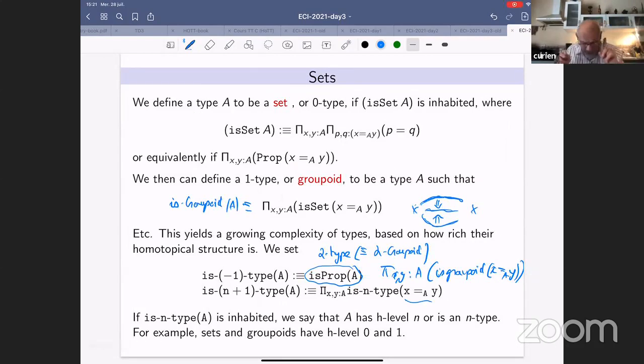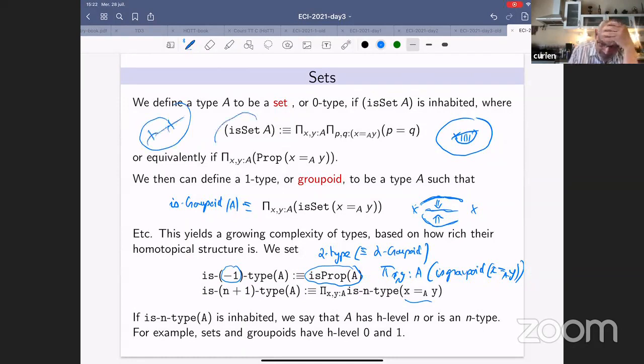Before that, let me explain why I have a -1 here. Because ordinary set theory and category theory start at dimension 0. So when you speak of a space, you have points and they have dimension 0. Then you have paths, they have dimension 1, and then you have homotopies, they have dimension 2. A set speaks only of points, doesn't speak about paths.